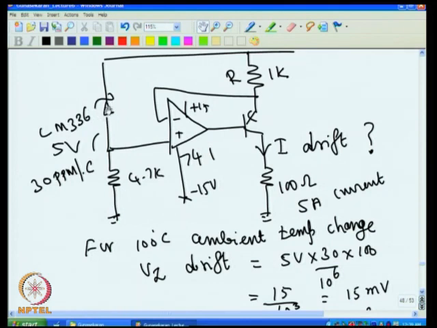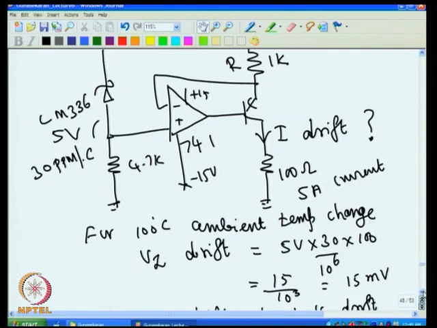We have taken LM329 which is a 30 ppm Zener. We have, for example, LM399 which is a 1 ppm temperature coefficient Zener. But if you go for that, it costs more. So normally the Zener costs quite a lot. If you are using one Zener for some other purpose in the circuit, the same Zener can be used here, but then this Zener is not with respect to ground. So it is better to have a constant current source whose Zener reference is with respect to ground.